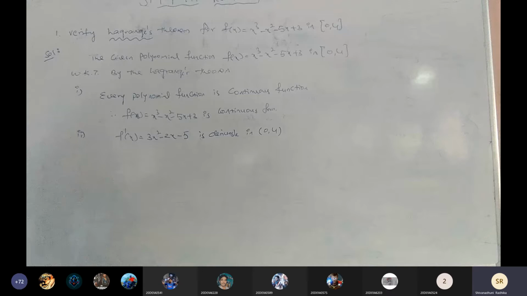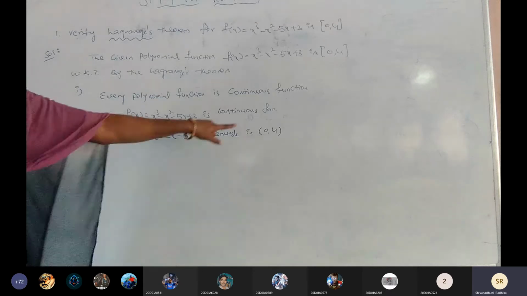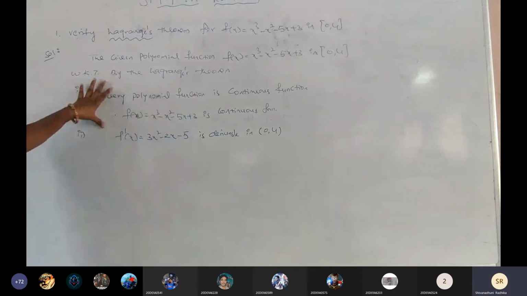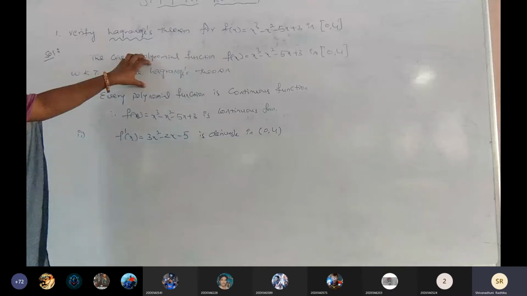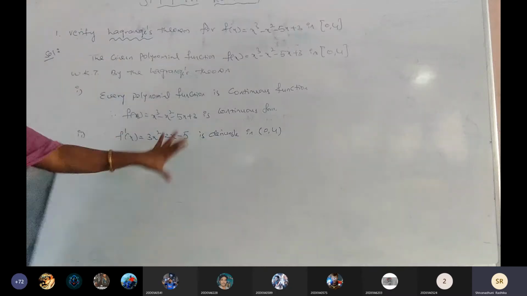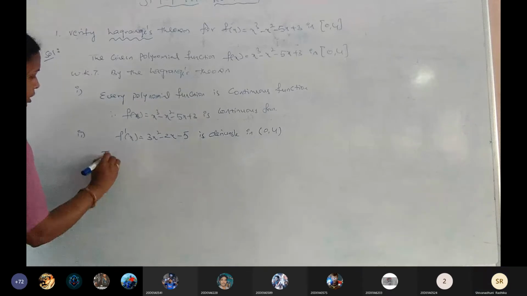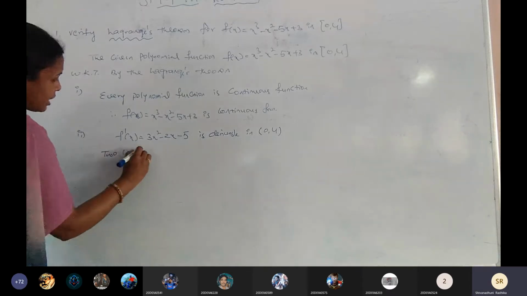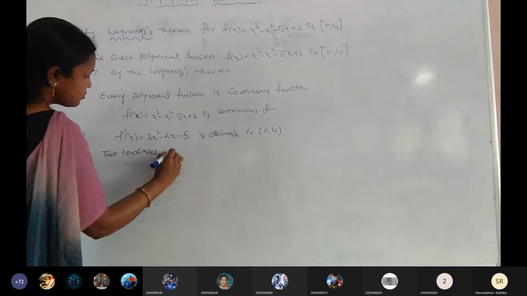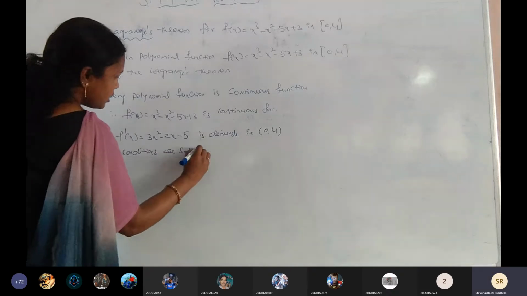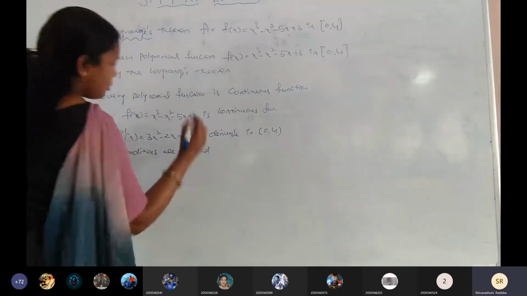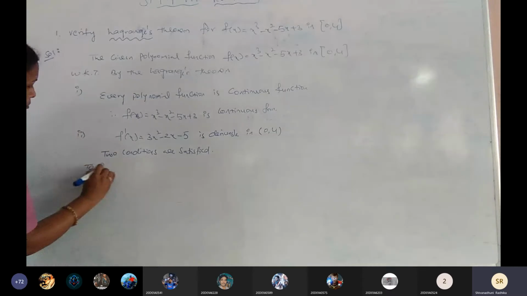Is it clear? Now the given f dash of x is derivable in 0, 4. Two conditions are satisfied using Lagrange's theorem. Is it clear? Therefore, we find the c value.